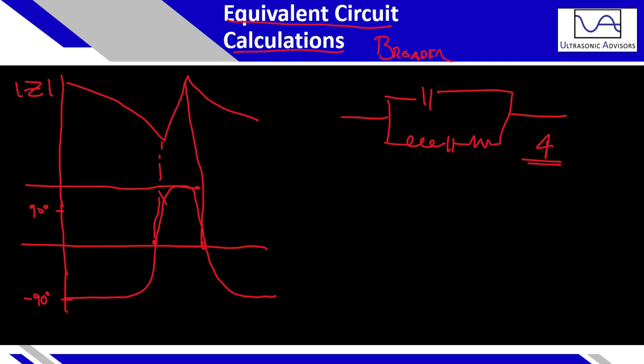And in order to isolate and determine the values for all of these components, we're going to need 4 unique measurements. But not all of these measurements are necessarily at different frequencies.